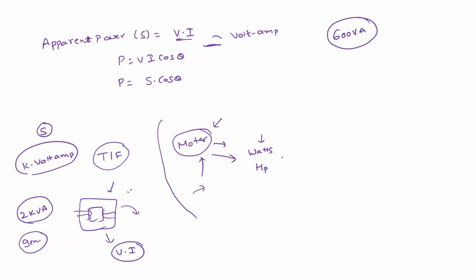Generators are rated in volt amperes. That is the difference. Is that clear? All power delivery equipment, especially transformers, is usually rated in volt amperes, whereas loads are rated in watts.